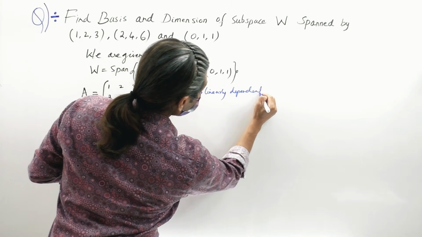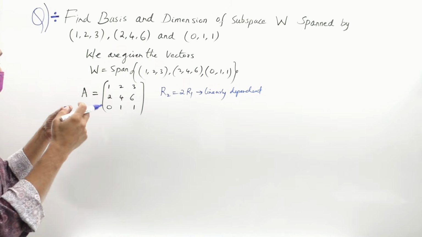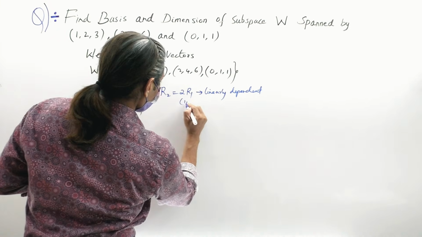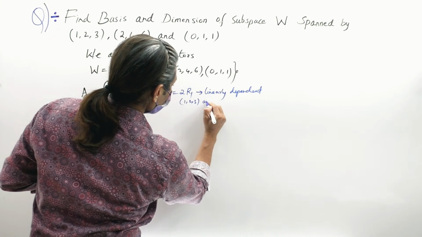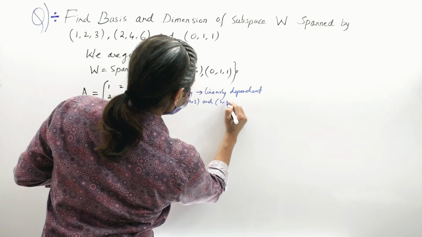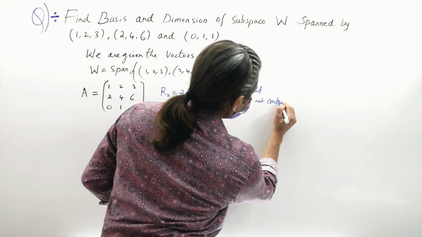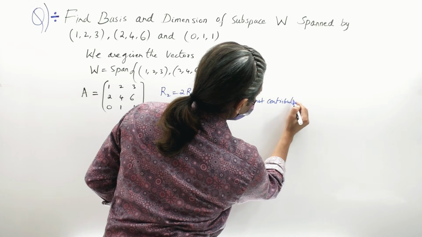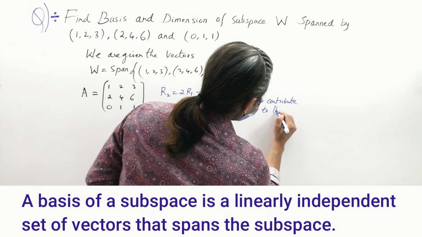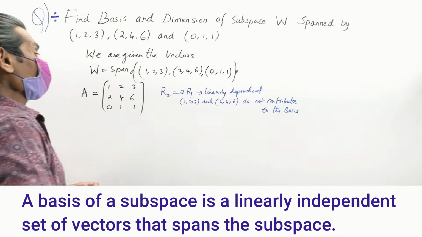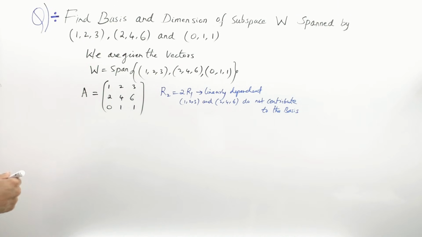Now, the linearly dependent vectors, these two vectors (1, 2, 3) and (2, 4, 6), do not contribute to the basis. So now I will convert this to the row echelon form.